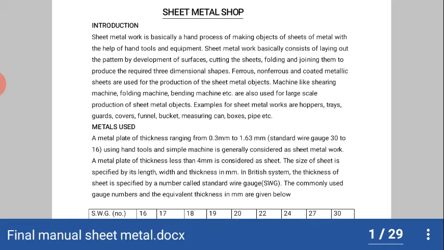So in this session, I will discuss a new shop which is the sheet metal shop. Students, as we know, sheet metal is specified by the type of material which is mostly used in the sheet metal shop.